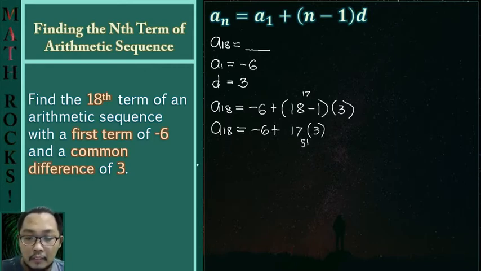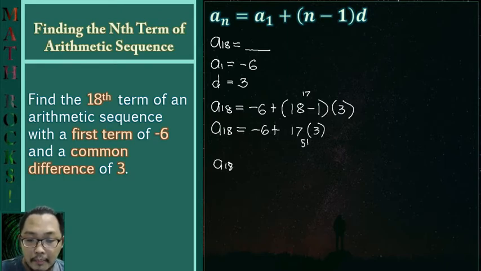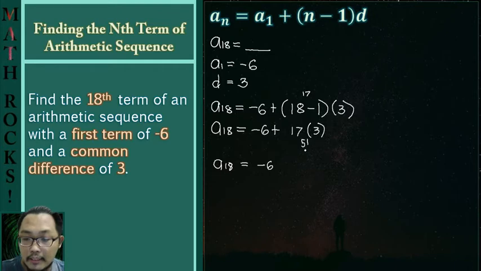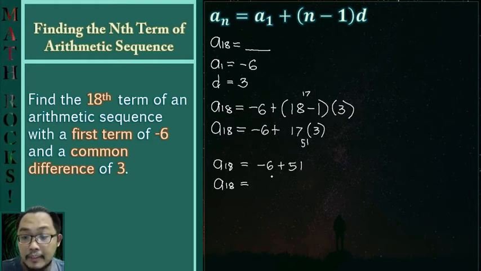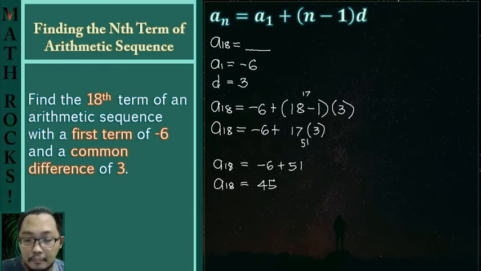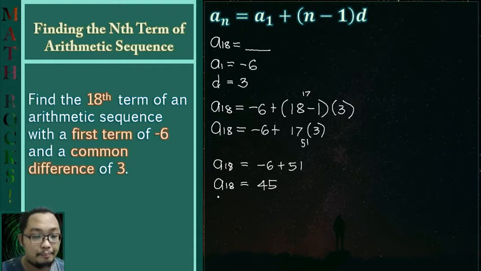Now we have a sub 18 equals negative 6 plus 51. Combining these two numbers gives us the value of a sub 18, which is equal to 45. So this will be our answer for number 1.